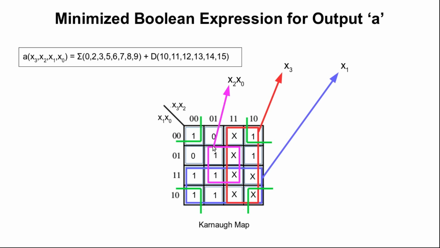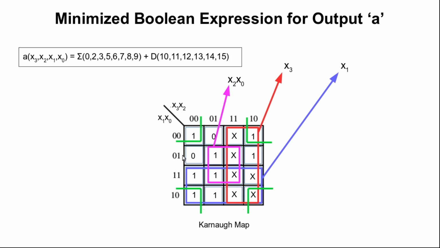The same way we can find out the product term for this group. This group consists of the 2 columns 0, 1 and 1, 1, which means the variable x3, which is 0 here, is 1 here. So x3 is changing, so x3 will be discarded, whereas x2 is 1 in this column and is also 1 in this column. So x2 is not changing, and since x2 value is 1, it will appear in the uncomplemented form x2.